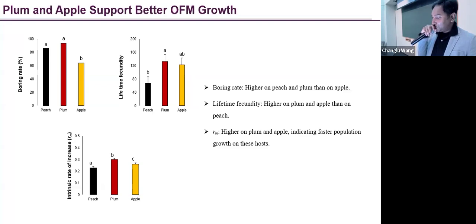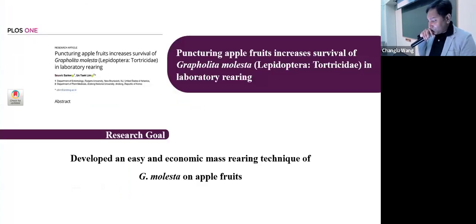So I need to work on plum and apple to rear this insect because my goal is to rear that insect to perform other experiments. For that, I chose apple because I wasn't getting plum fruit at that time. So I was working on the apple fruit.